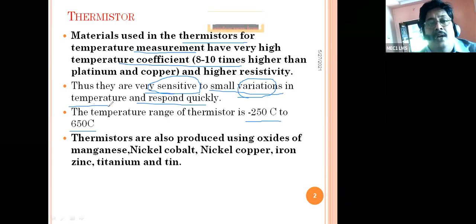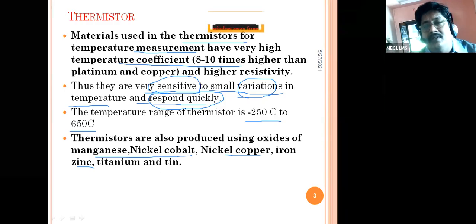Another advantage is that it responds quickly, meaning it gives the output very, very fast. There is no delay of time. Thermistors are also produced from the materials I already told you about: manganese, oxides of nickel, cobalt, nickel, copper, iron, zinc, and also zinc iron alloy and titanium tin alloy.